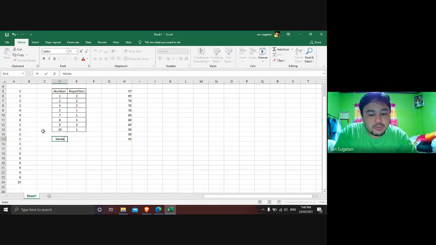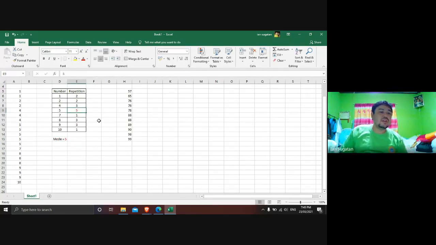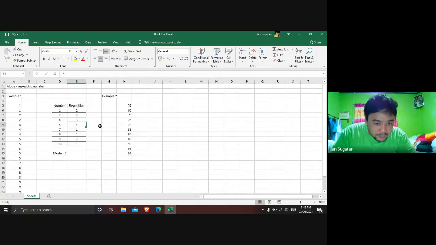For example, number 1 is equivalent to 5, since 5 is the highest value. So there are 5 5s. If your definition of mode is repeating number, then 5 repeated five times. Therefore, your mode in example number 1 will be 5. Okay? So the same process.